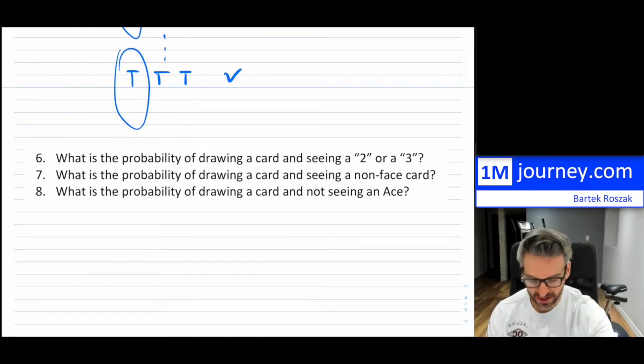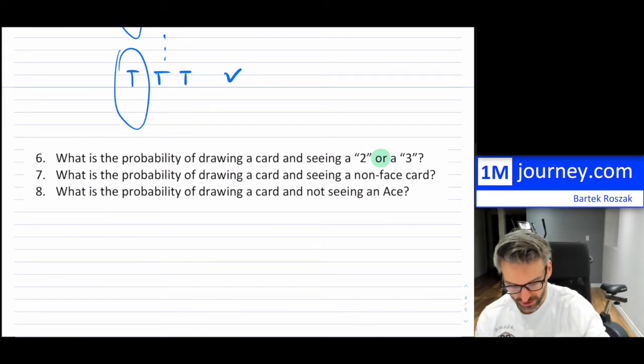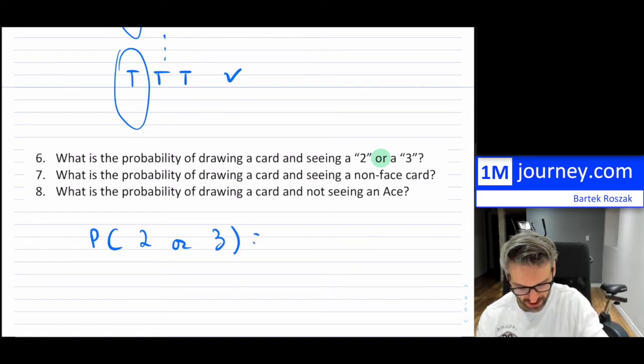So notice, because it says or right there, so either or, in total, how many of those cards do we have? We have 4 2s and we have 4 3s. So our probability of a 2 or a 3 is simply the addition of the 2 probabilities, which is going to be 8.